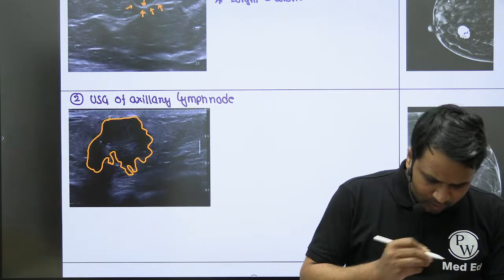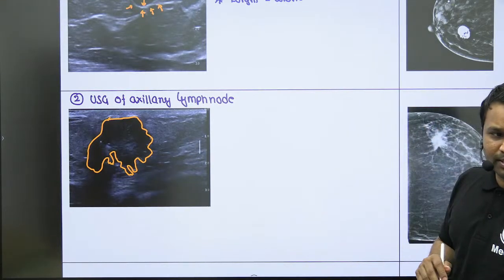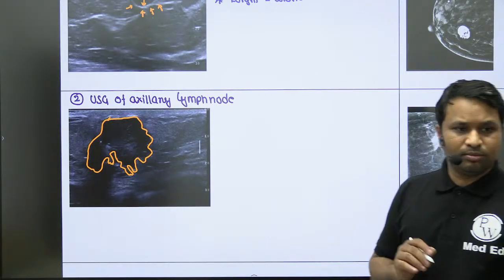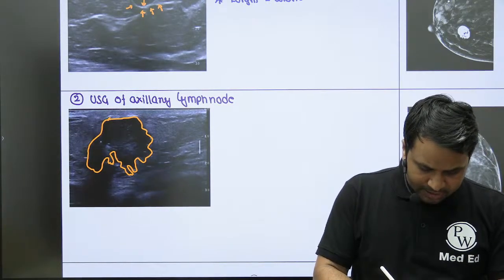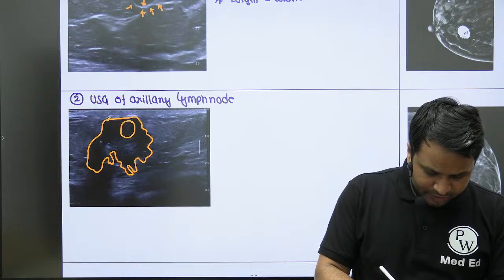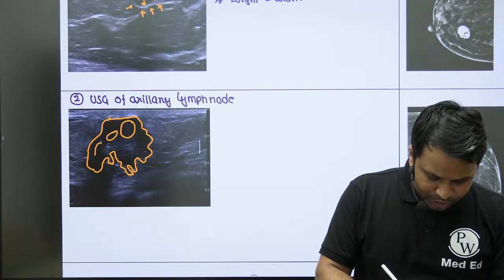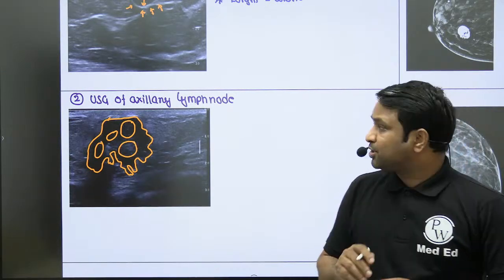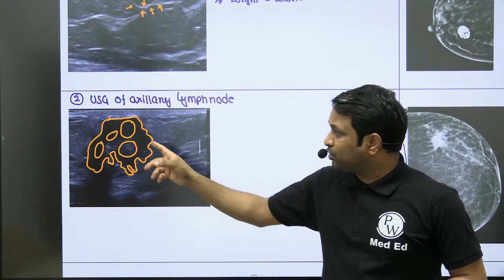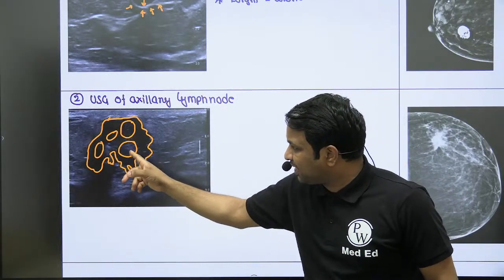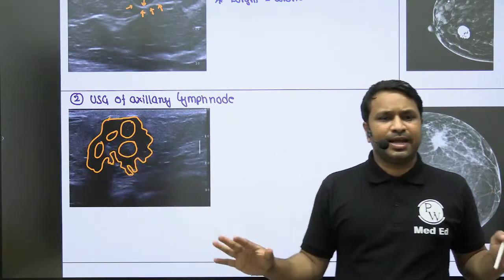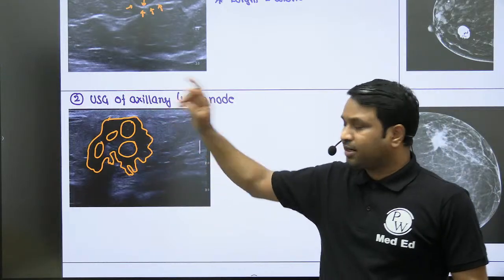The first thing I know, it is not a regular margin, it is having an irregular margin. Next, you can see there are certain areas which are of different density. There are different tissue densities present. Some areas are black, some white, some white here, more black there. So there is heterogeneity. The margins are irregular.